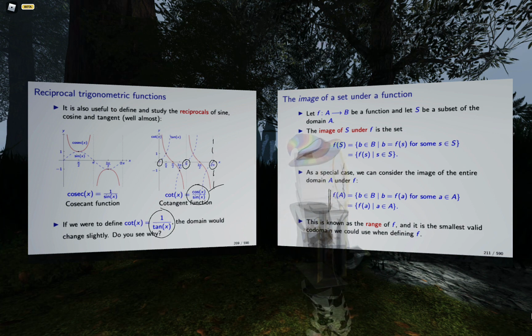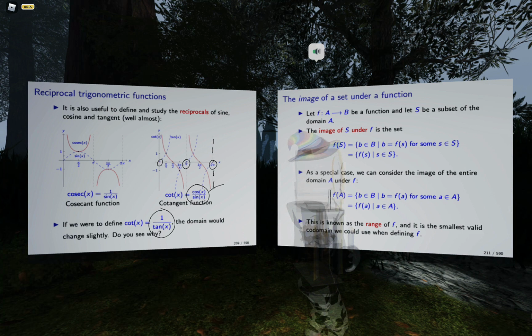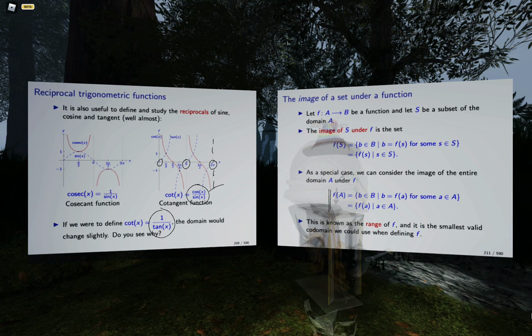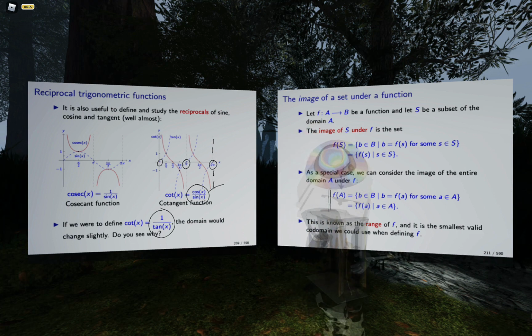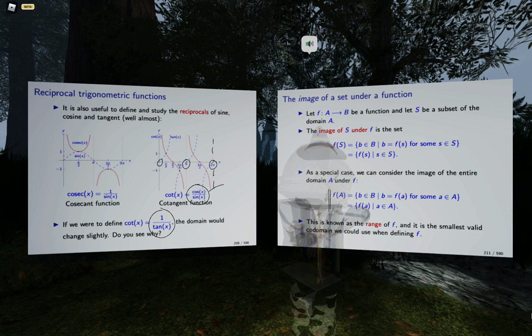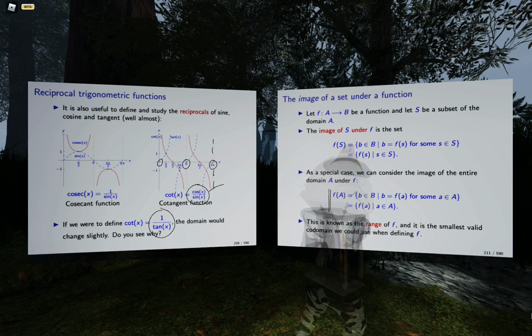Okay, so f of A is all those elements of B which occur as outputs of f. Now, you might be thinking to yourself, what's the difference between the range and the codomain?